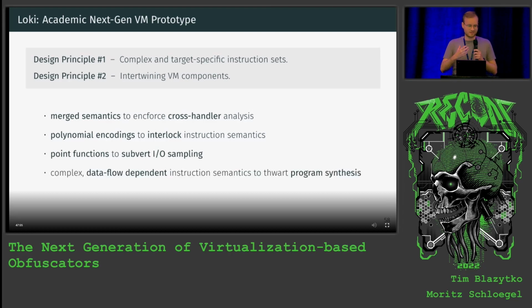And in particular, addressing design principle 1 are the complex data flow dependent instruction semantics, and this semantic complexity is what makes it great to stall out program synthesis. And finally, there are these approaches to MBAs that will stop your symbolic execution attacks.